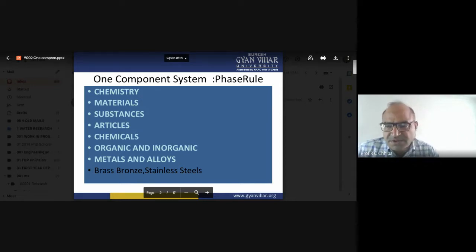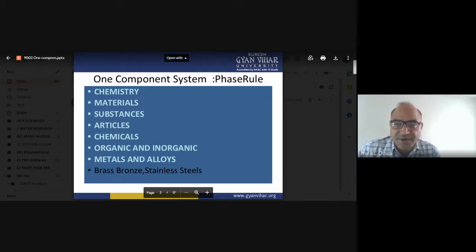So what are alloys? The combination, the mixture of two or more metals, and even some elements are also added. For example, plain carbon steel is an alloy of iron, carbon, and silicon, and other elements or metals may be added.